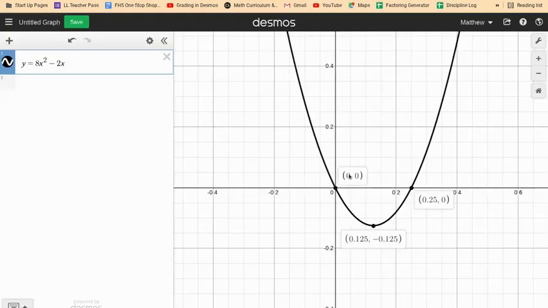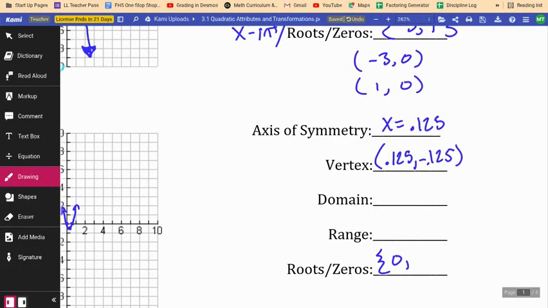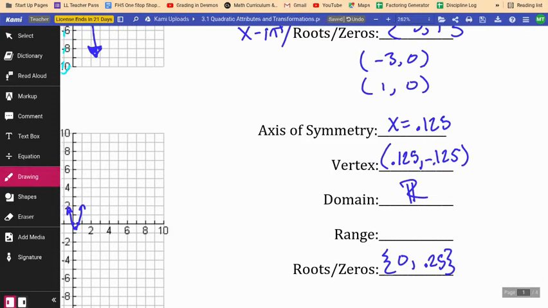I'm just getting the x values. My domain is still all real numbers. And then my range, the lowest value is negative 0.125. I grab that from my vertex. And then the high value is positive infinity.